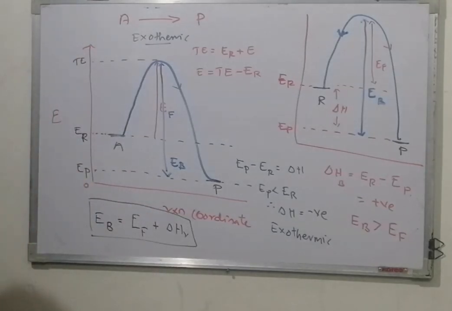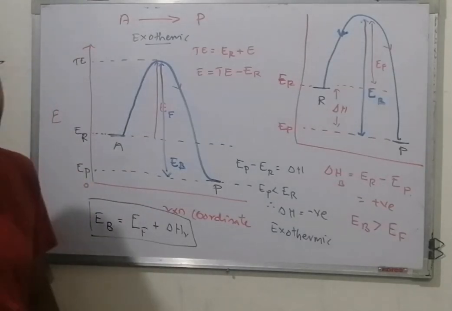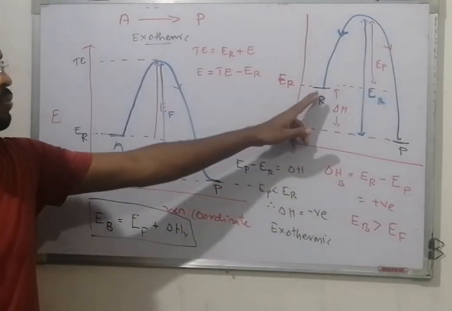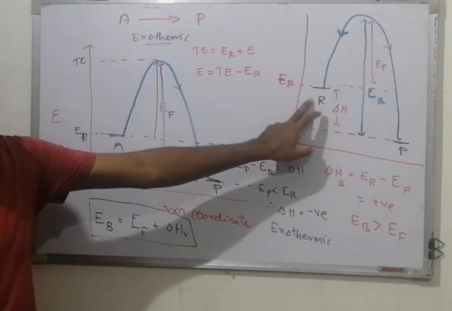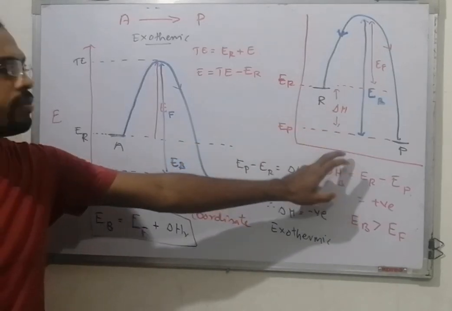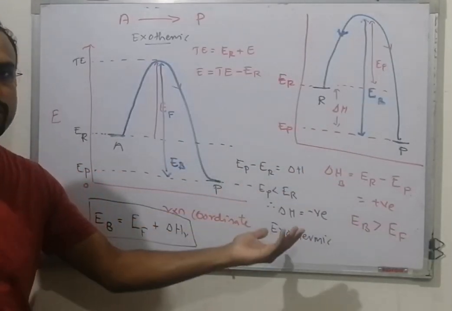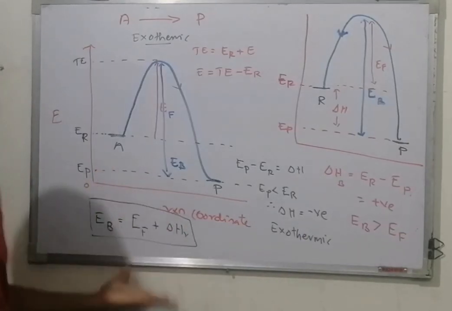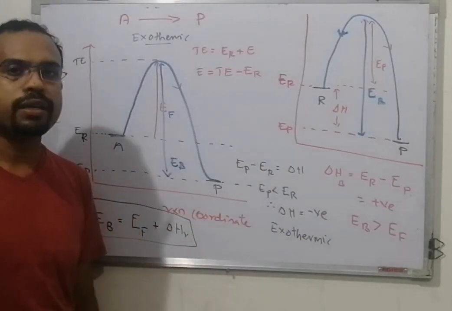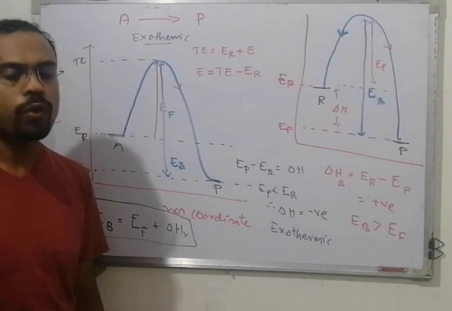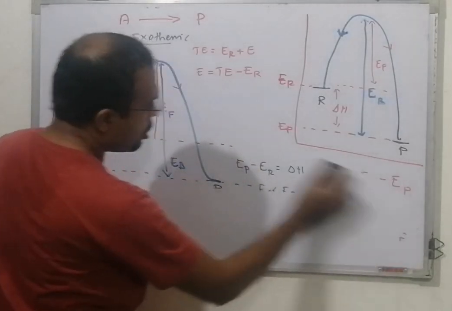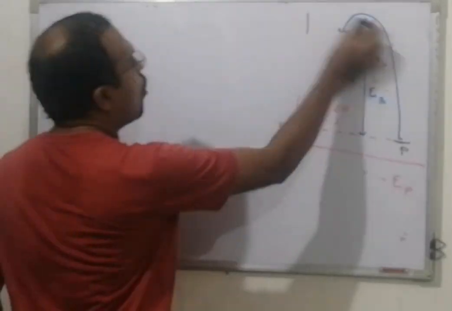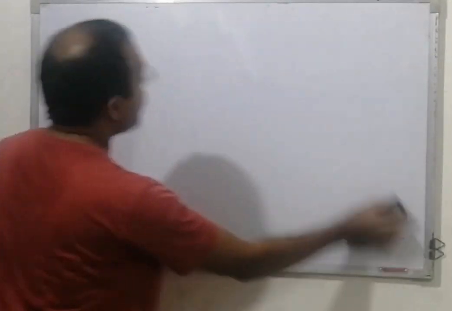If you want to draw an endothermic reaction, just reverse: the energy of the products should be greater than energy of reactants. Just reverse. Therefore, you just learn this thing reversed for endothermic. This is all about the activation energy and energy of reactants.